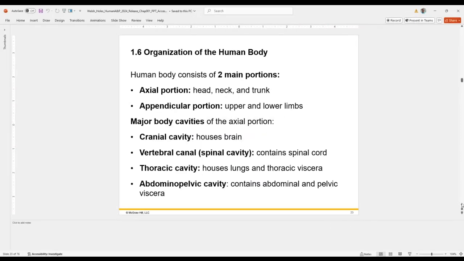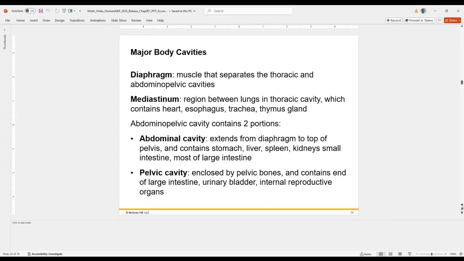Or you might hear people say viscera. Either is fine. Okay, the diaphragm. This is the muscle that separates the thoracic and abdominal pelvic cavities. So it's right underneath the lungs. The mediastinum, this is the region between the lungs in the thoracic cavity, which contains the heart, but also the esophagus and trachea and your thymus gland. The abdominal pelvic cavity contains two portions.